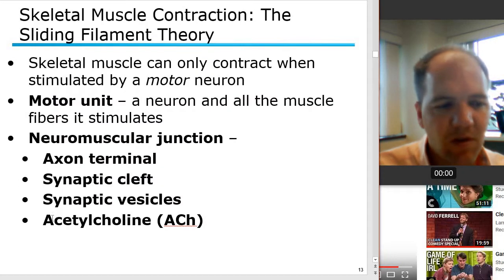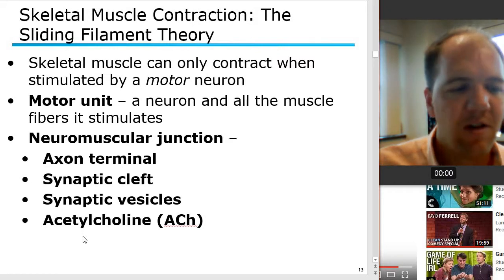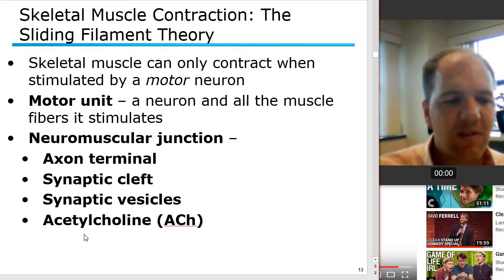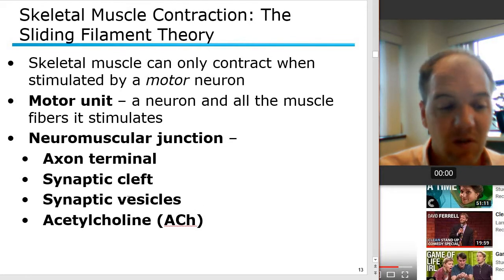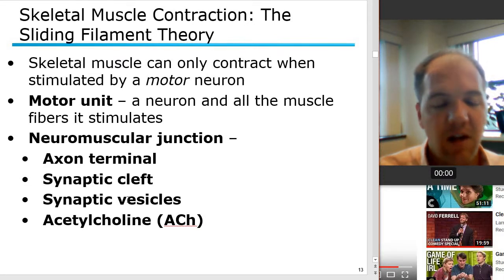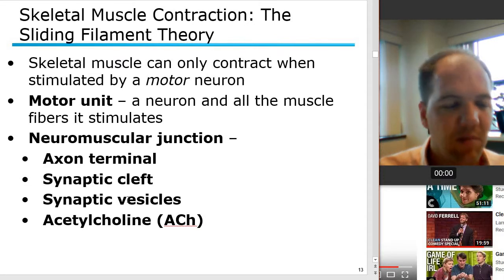These chemicals are called acetylcholine. This is a really big word, so we abbreviate it: capital A, capital C, and then a lowercase h. Acetylcholine is the chemical that's going to go across the synaptic cleft in synaptic vesicles to cause this contraction in the muscle.